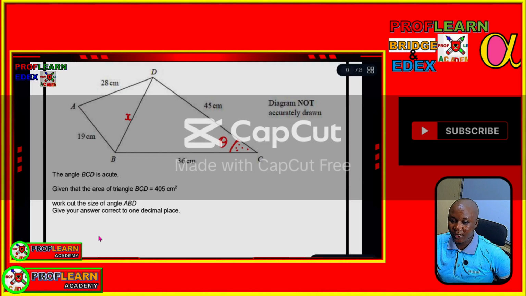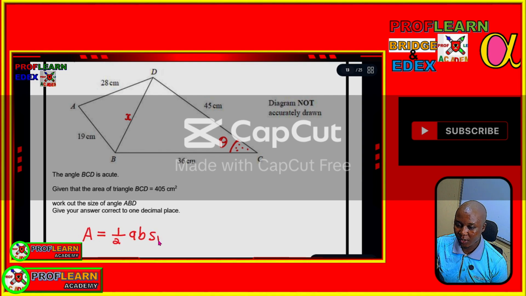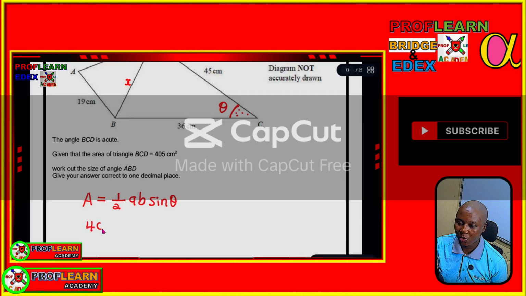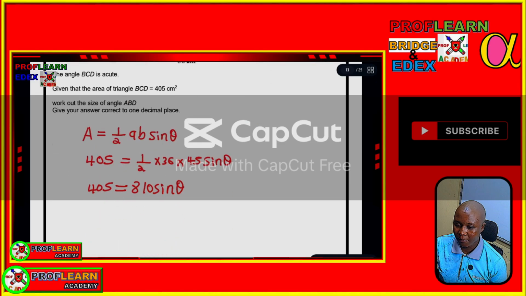If the area is 405, it means we need to use the formula area equals half AB sine theta, so that we can find what theta is equal to. Then multiply both sides by 2 so that we have 810, and then divide both sides by 810.